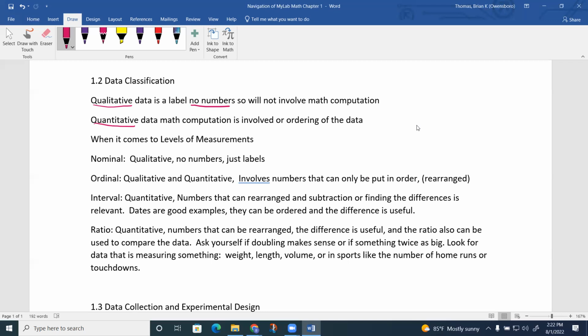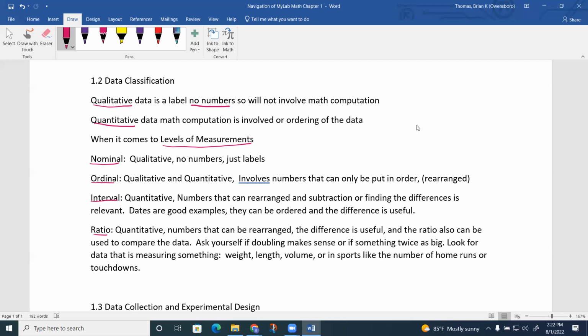And also when we talk about data classification, there are going to be 4 levels of determining what the data is as far as how it's measured. So there's this thing called levels of measurement. They're going to use the words nominal, ordinal, interval, and ratio. Those are the 4 levels of measurement. In identifying those 4 levels, for qualitative, there aren't any numbers present.